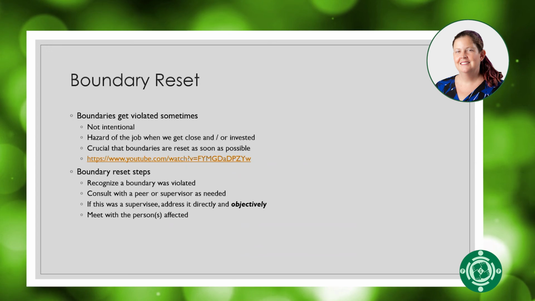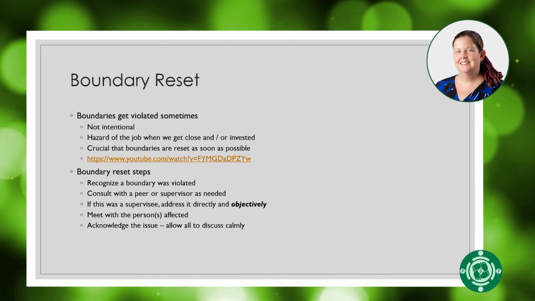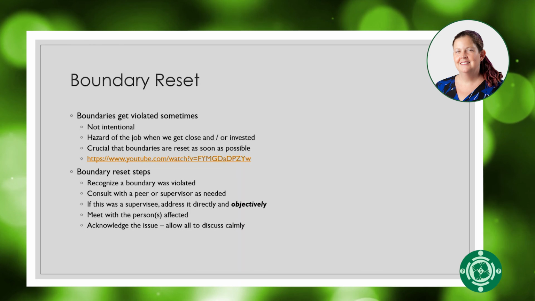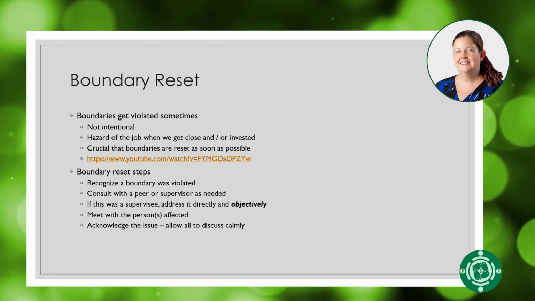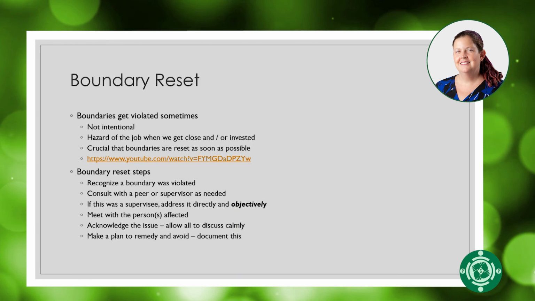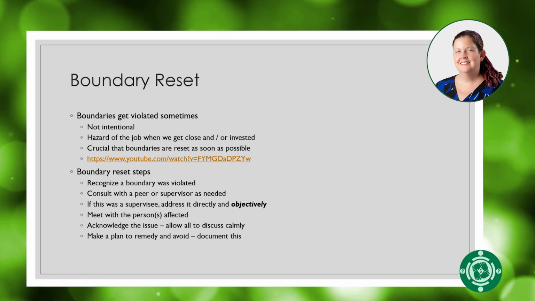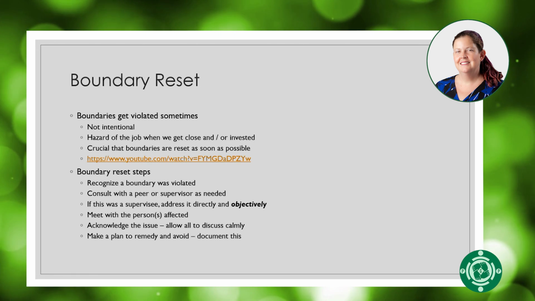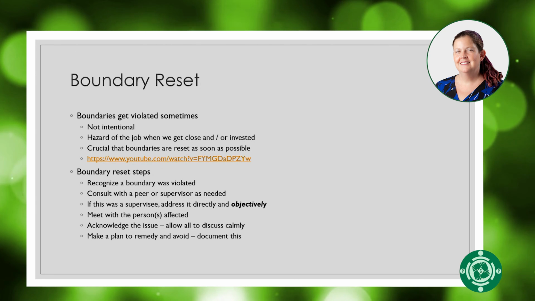Make sure you meet with those that are affected by it. Even if they didn't necessarily realize it, make sure that you have a meeting with them so that you can acknowledge what did happen, why it was a problem, and be able to discuss it calmly. Don't discuss it when anybody's angry. Then you make a plan and a remedy to avoid it and document how you address it, whether this is in a session note or in an agreement with the person, just depending on the severity.